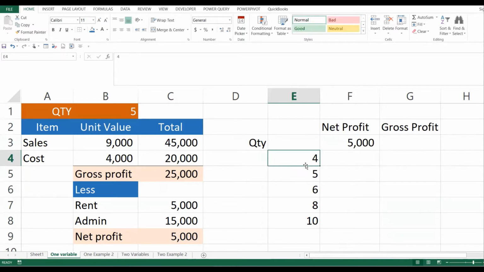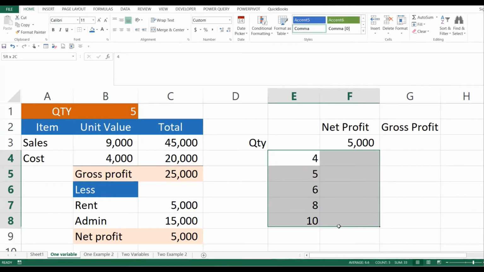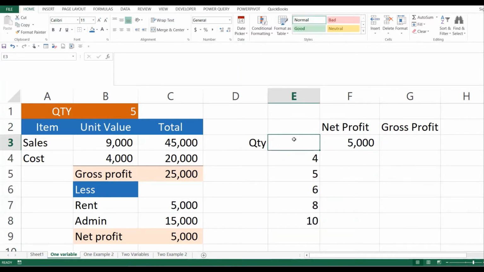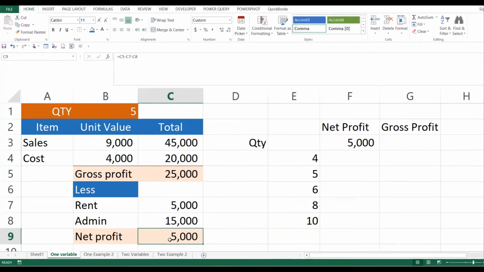Then we put in the different quantities that we want to study. So in other words, when the quantity is 4, what is my net profit? When the quantity is 5, what's my net profit? And so on. After we have done this, leave this one empty, pick this, reference it to our net profit.